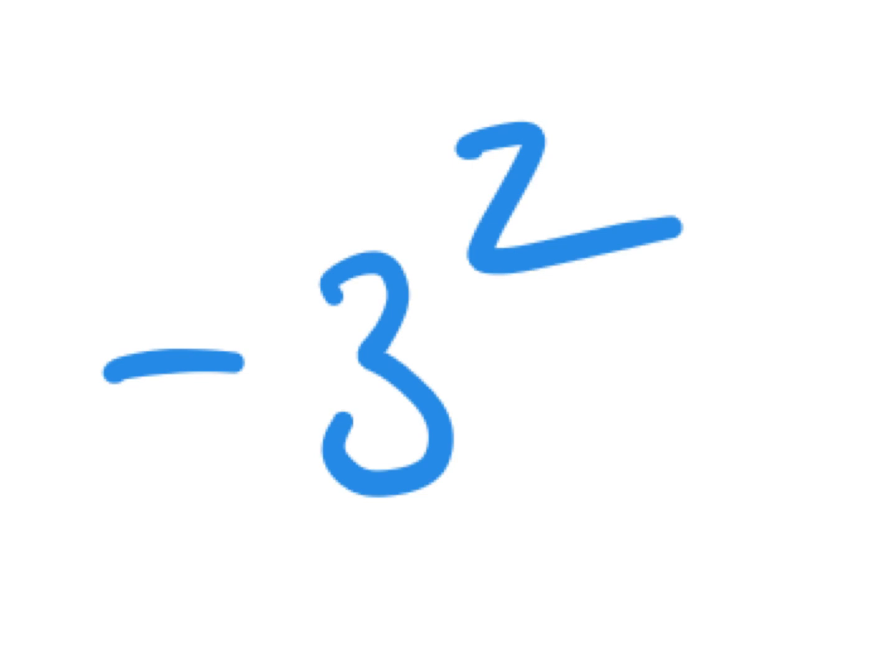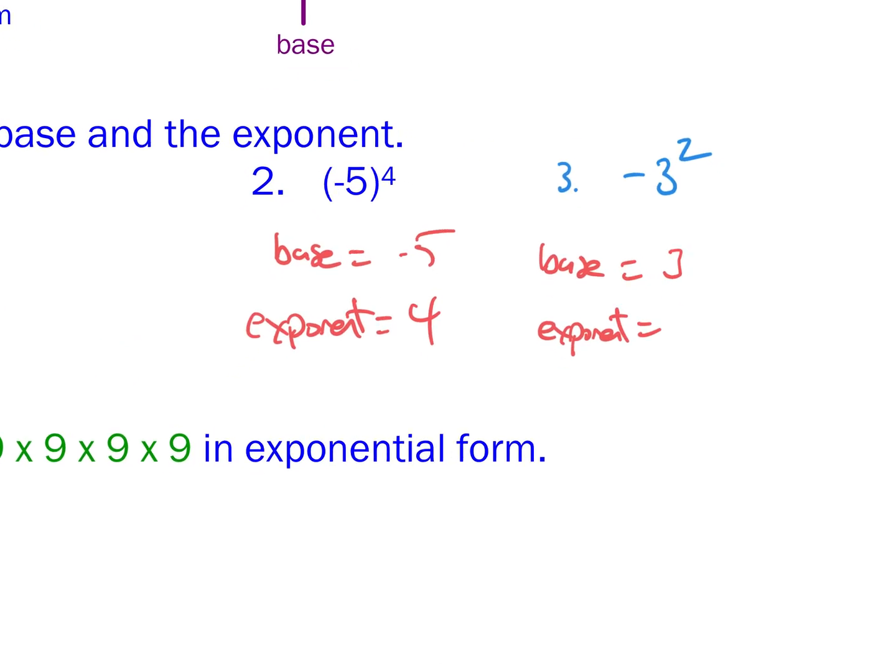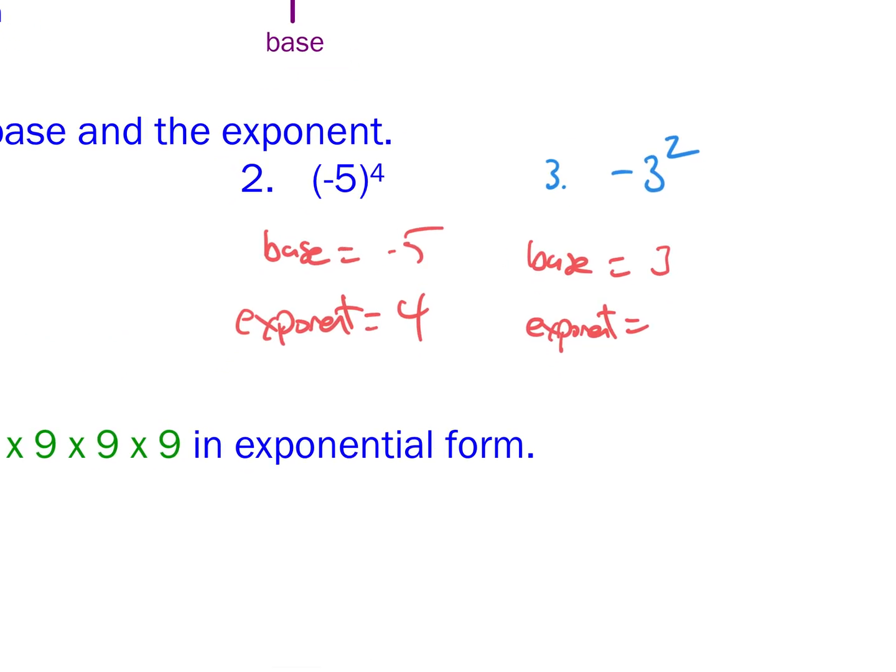However, no brackets, then the negative is not included. So the base is just 3. And the exponent, well, the exponent is what? 2. Yeah, that doesn't change. But the base does. So you have to be aware if there's a negative sign, but is it included? And if it's included, it has to be in the brackets. Has to.